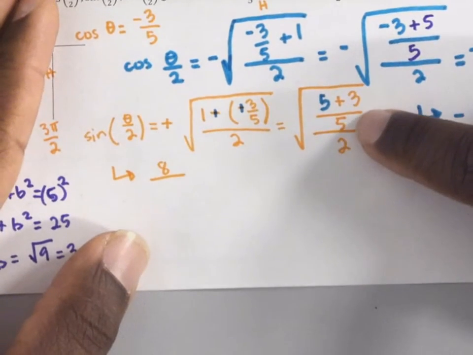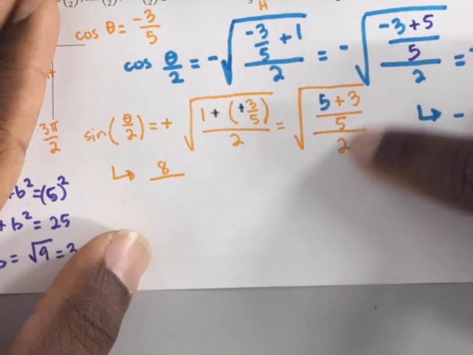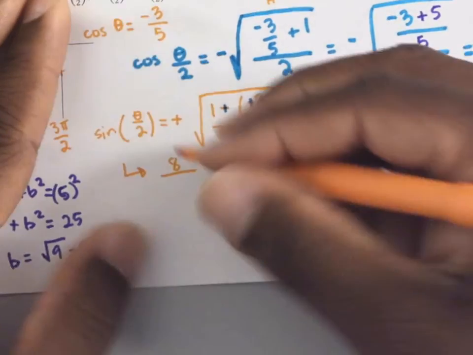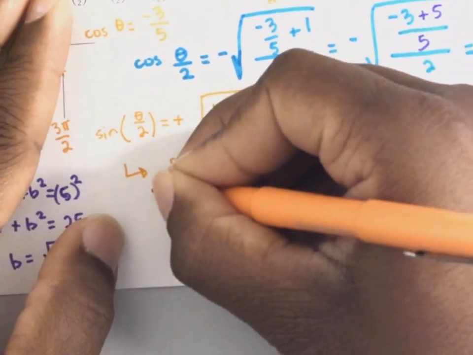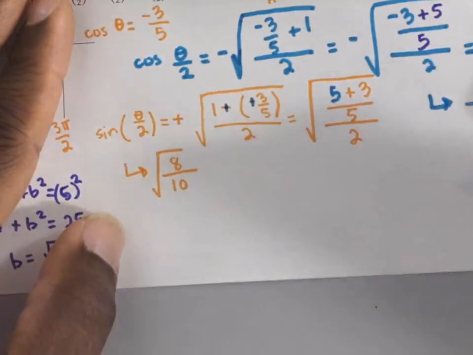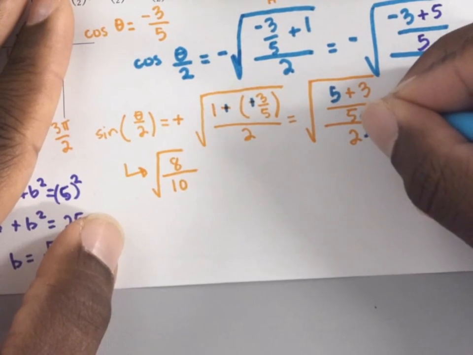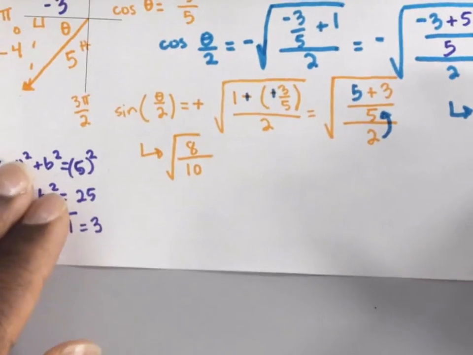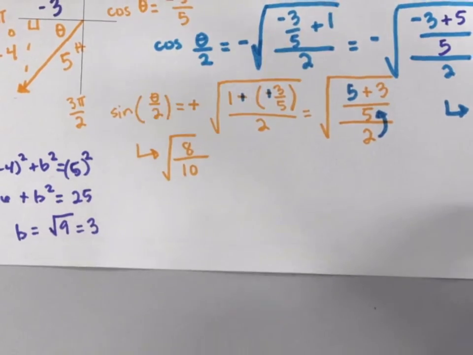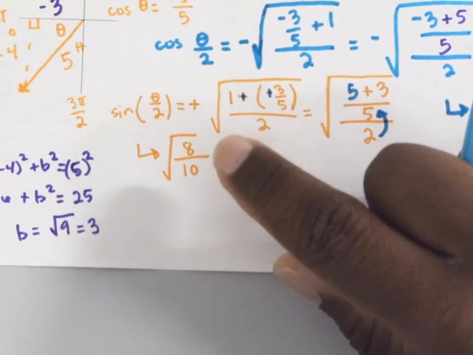Can I go ahead and do 5 times 2 as well? Yeah. So 8 over 10. I just went on and did that in the same step. So I did 2 steps in 1. Everybody okay with that?